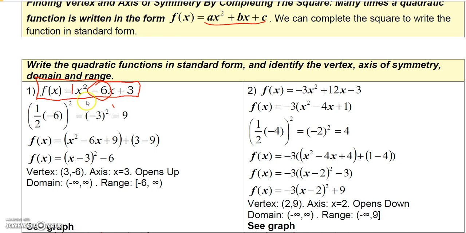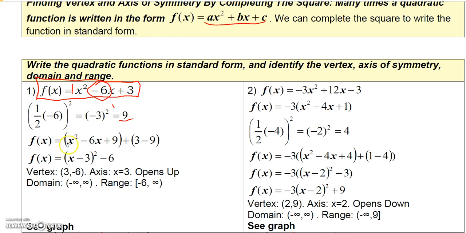And it turns out that all I have to do is multiply this number by 1/2 and then square it, and that will complete the square. So I'm going to take 1/2 of negative 6, that'll give me negative 3, and then I'm going to square it, and that will give me 9.